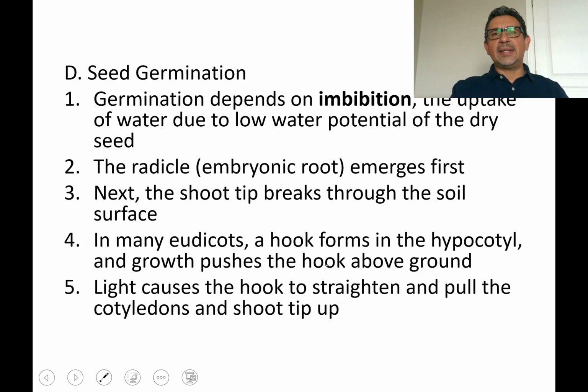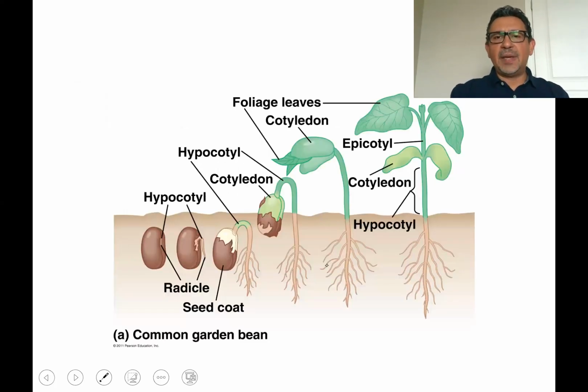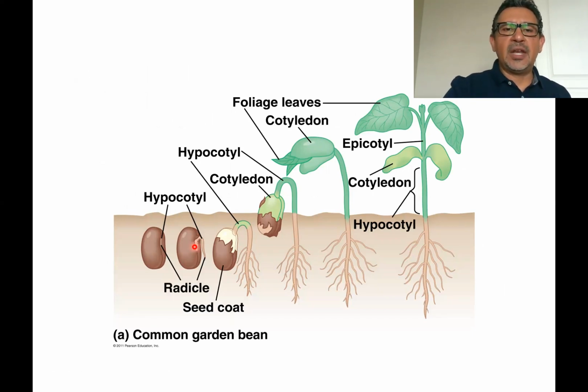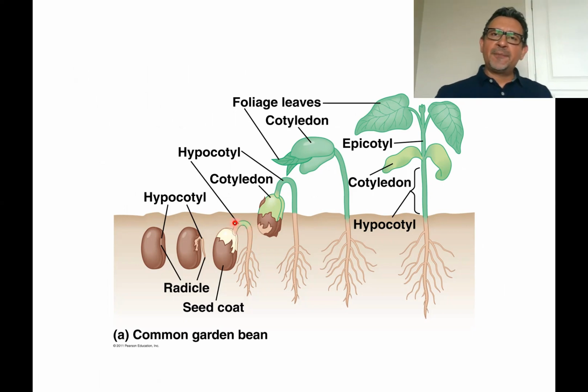Now, when you look at the next events that take place, things will be a little bit different with regards to the eudicots. So here we see the radicle coming out first, and then the hypocotyl is going to break out, and it forms a structure that looks like a hook.